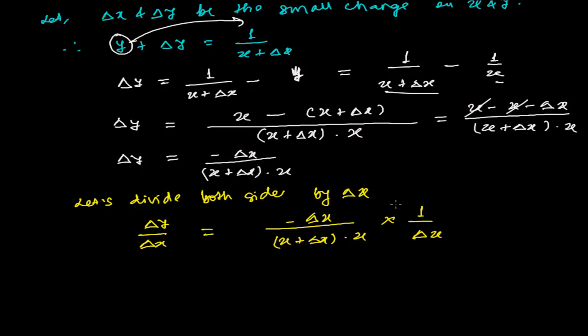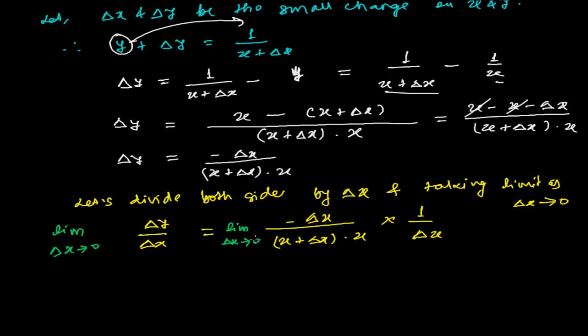I did it. And now we need to take the limit as delta x tends to 0. So the next thing I am doing is taking the limit: limit when delta x tends to 0 on the left, and here also limit when delta x tends to 0.